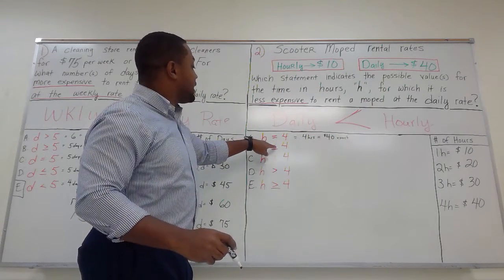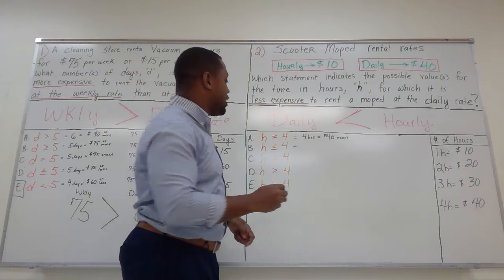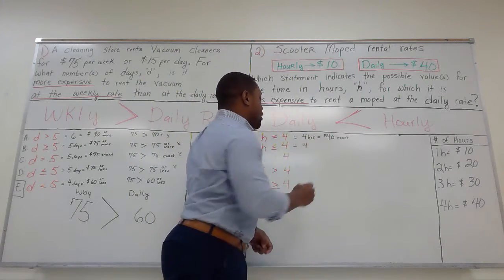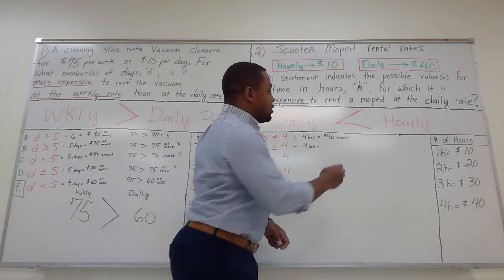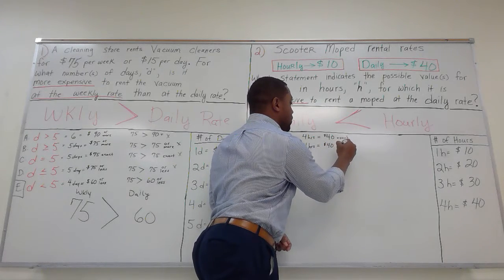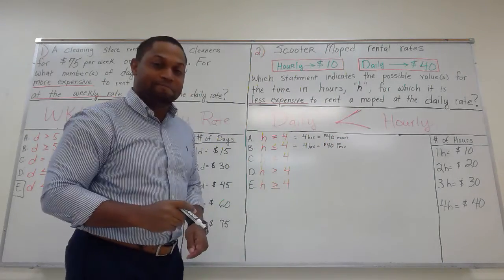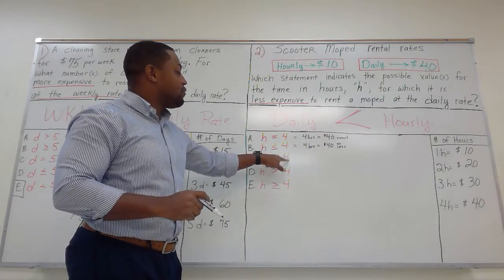Okay, then hours is less than or equal to 4. That means at the very most it can be 4 hours, but it can also be less. So that would be $40 or less. Okay. Now, C says H is less than 4.